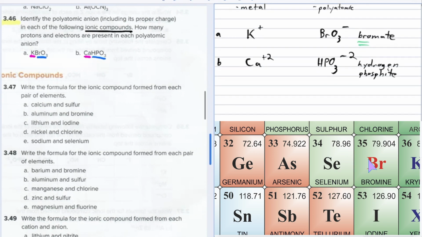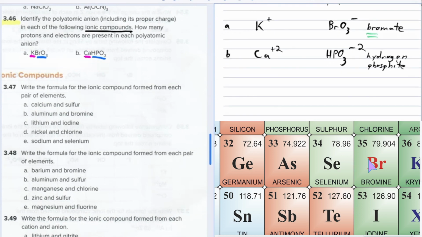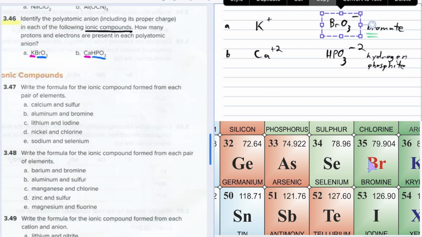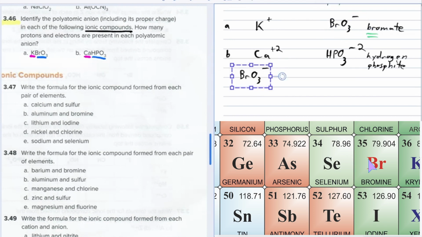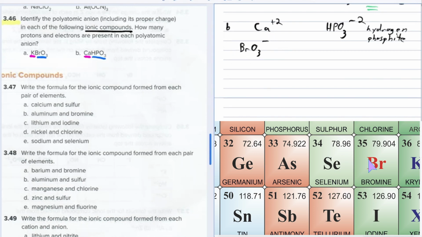Let me just copy this down there, we need a little bit more room. Paste it right there. And bromine is element 35, so as far as the protons go, we're going to have 35 from the bromine.